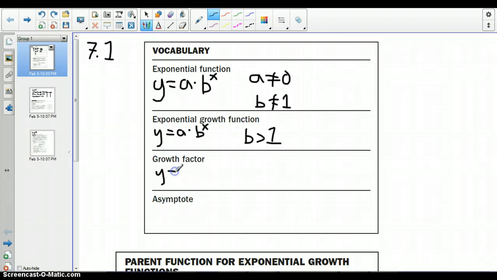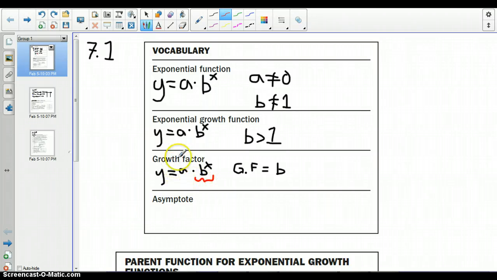A growth factor in that exponential growth function, y equals a b to the x, the growth factor is b. It's called the growth factor because that determines by how much the function is going to grow.